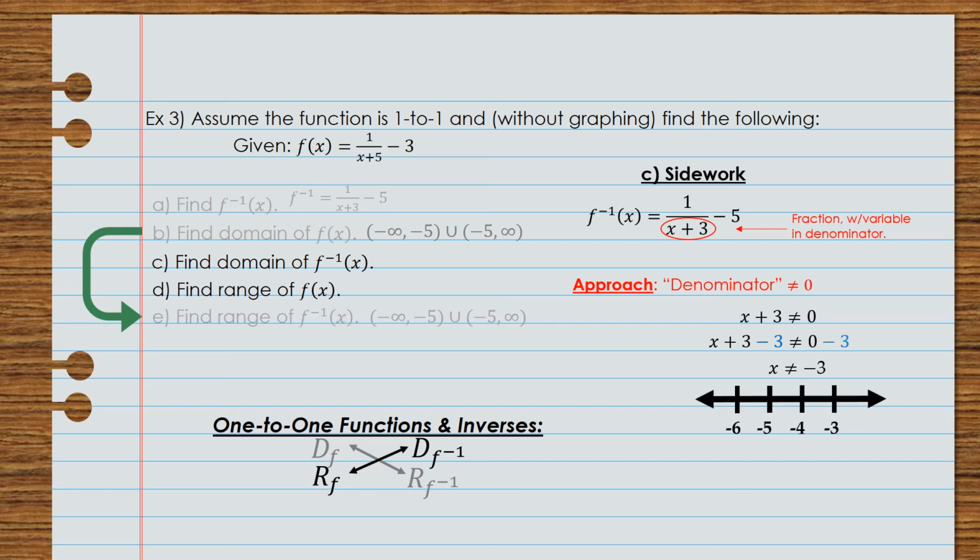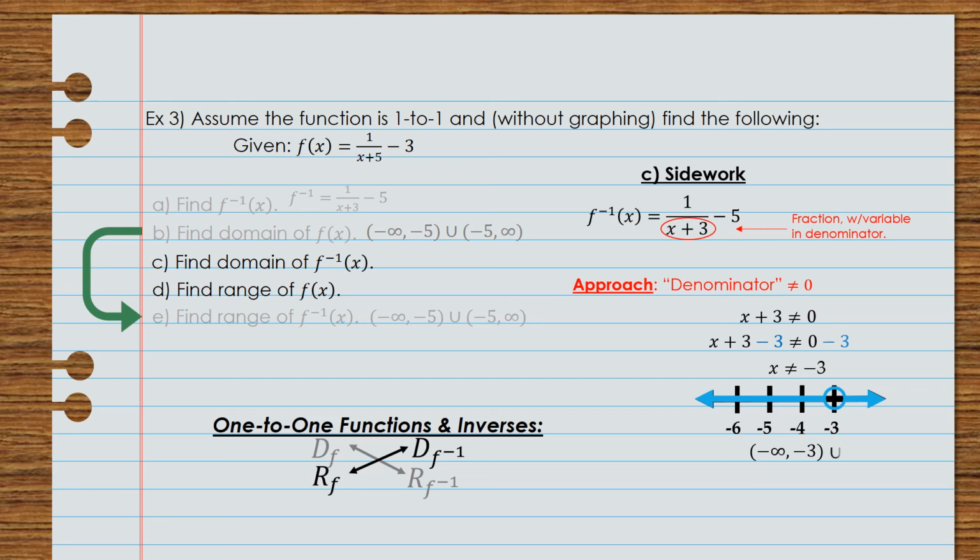Well, on the number line, at negative 3, we will have a hole.